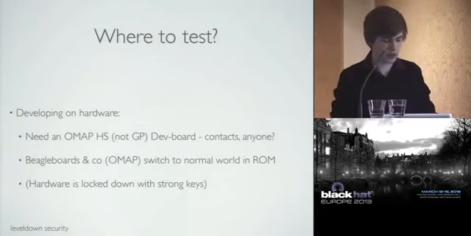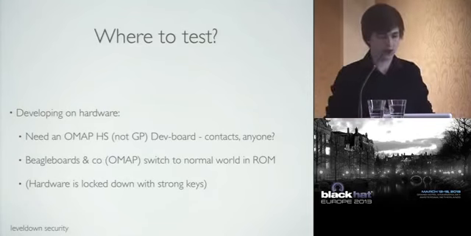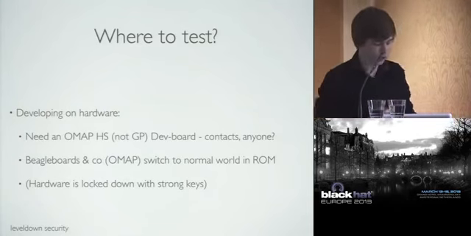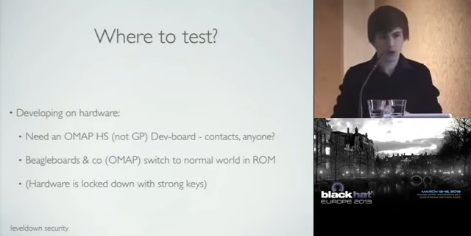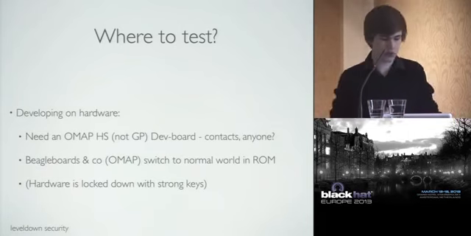So after having the idea, the first problem was where do I test my code? At first I thought, I will just go and get a Beagle board. They run on modern TI OMAP CPUs. And after some Googling, it turned out that there are two versions of all OMAP chips. One is the high security version, and one is the general purpose version.